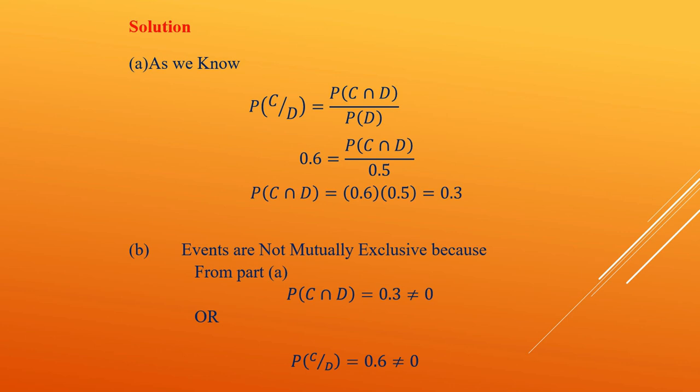Or you can see the probability of C given D is 0.6. It is also not equal to 0. In case the events were mutually exclusive, probability of C intersection D should be equal to 0. Therefore, we can say the events are not mutually exclusive.